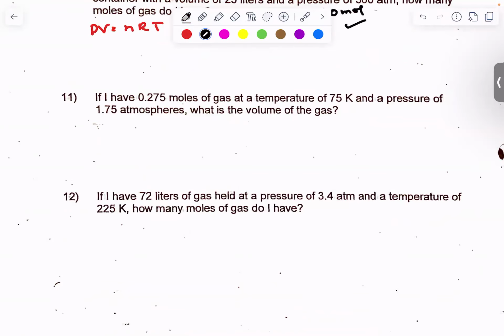If I have 0.275 moles of gas at a temperature of 75 Kelvin and a pressure of 1.75 atmospheres, what is the volume of the gas? So PV equals nRT.